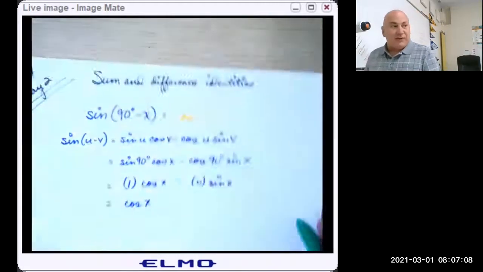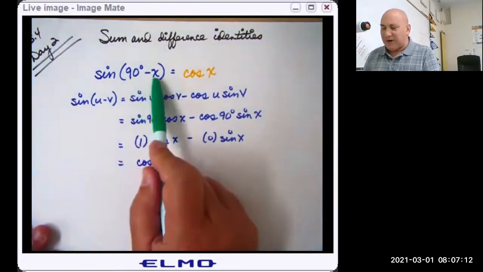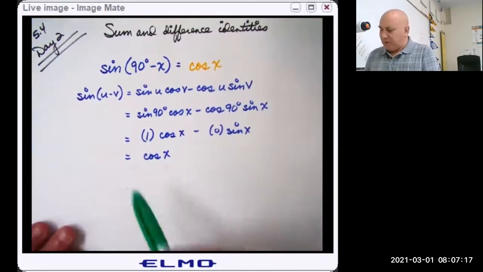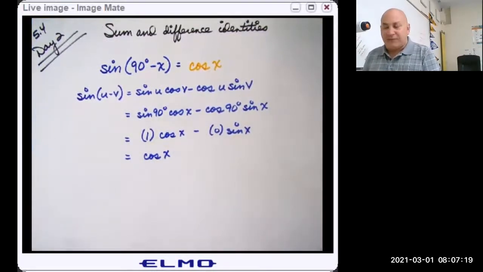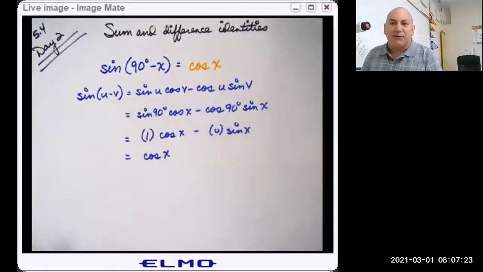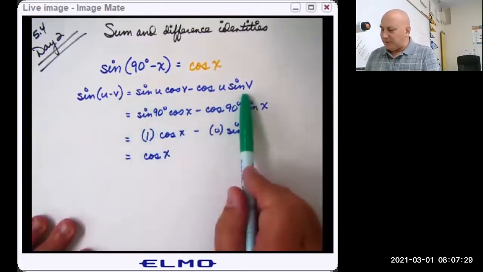So as I said, drawing a picture, we should be able to tell that sine of 90 degrees minus x is equal to cosine x. But let's try it with a formula. So here's the formula for sine of, some books use A minus B, some use u minus v, doesn't matter. So here's our formula.